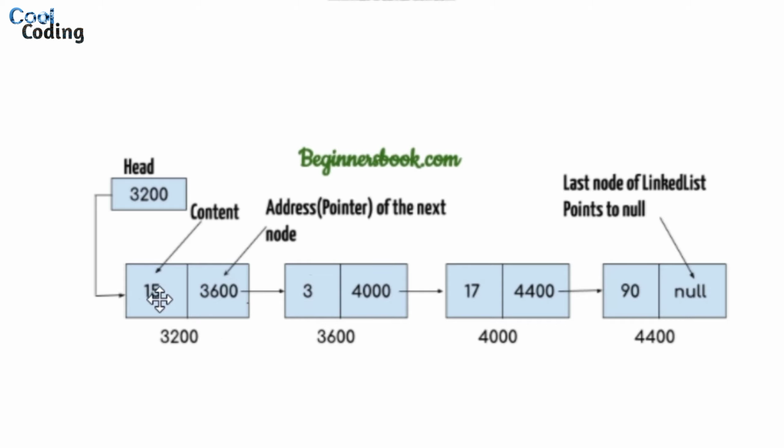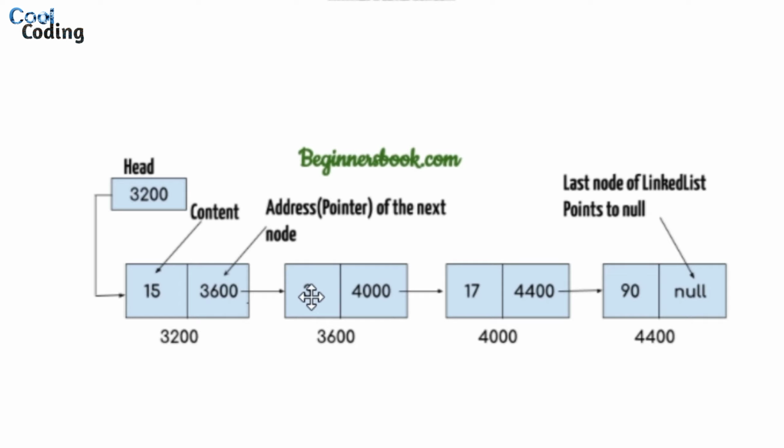If I have to connect this 15 to the 3, 15 is the first element, and I have to link this first element to the second element, which is 3. What I have to do is put this address, 3600, into the next pointer of the first data.